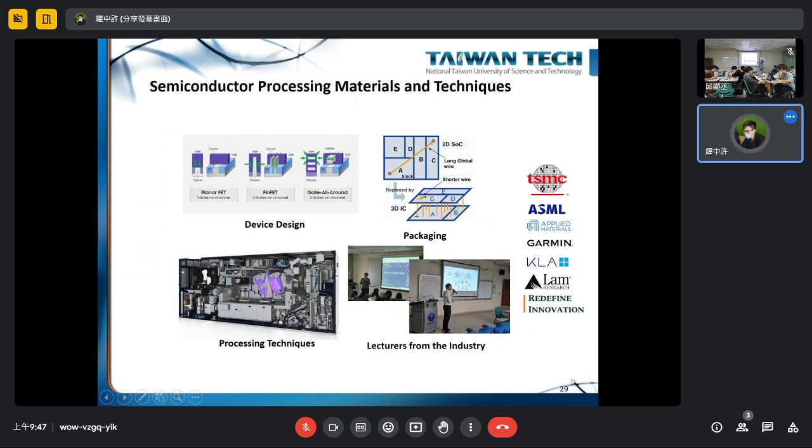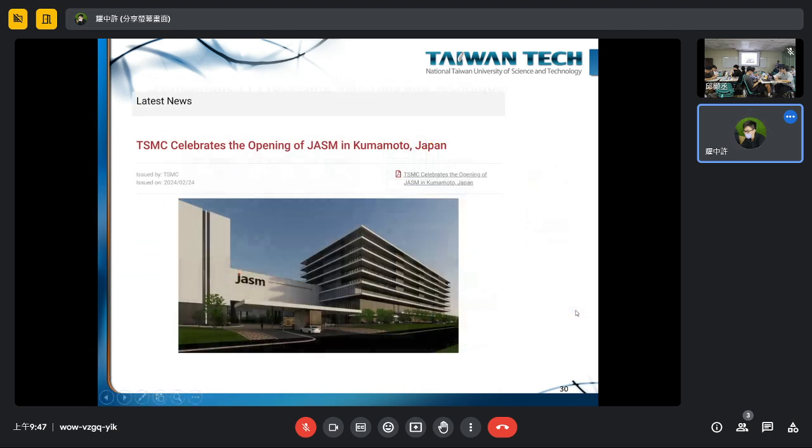Usually for this part we don't say too much in our course. Instead we invite some lecturers from the industry. These are the companies that you usually see in the semiconductor industry, and most of the local students prefer these companies because they provide higher salaries.